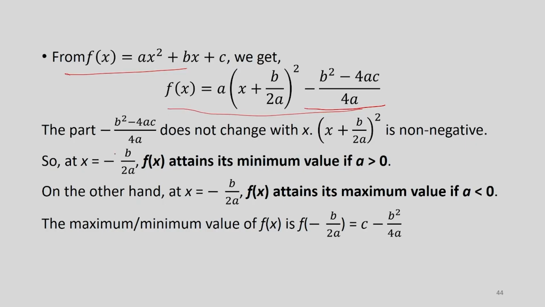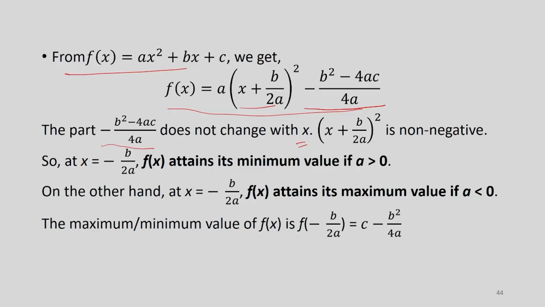Now, this second part, (b² − 4ac) divided by 4a, does not contain x. So, it is independent of x. As x changes, this part does not change, it is constant. On the other hand, the whole square term, since it is a square, is going to be non-negative.